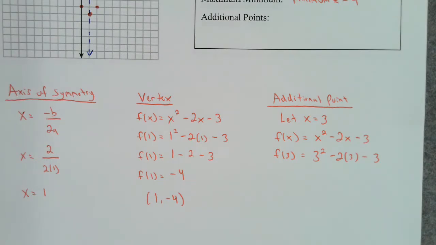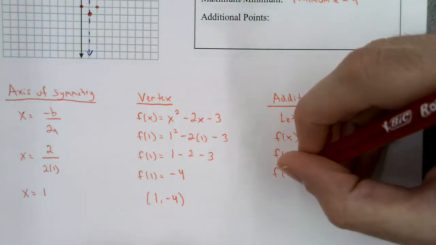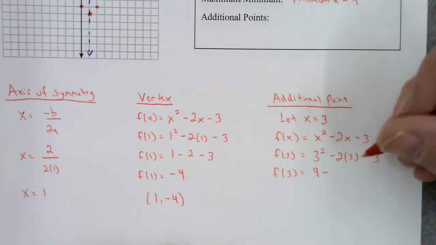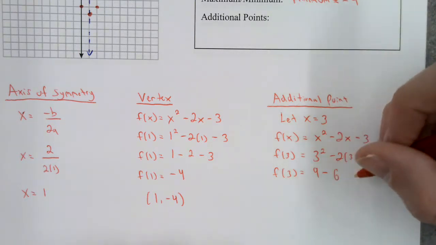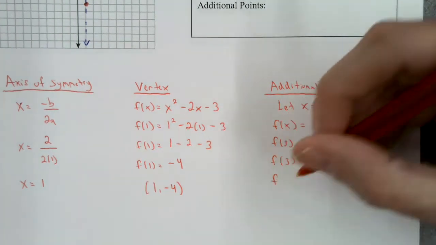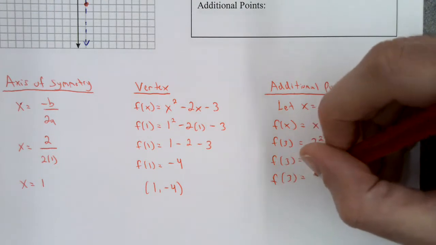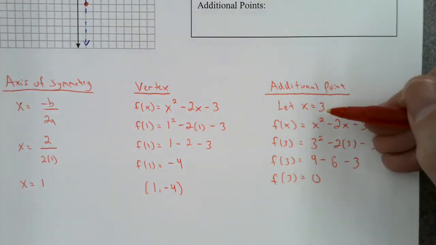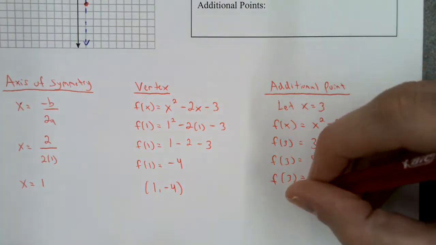You just have to be careful and make sure you follow the order of operations. 3 squared is 9. Minus 2 times 3 will be minus 6, and then minus 3. 9 minus 6 minus 3 gives me 0. That means I have the additional point 3, 0.